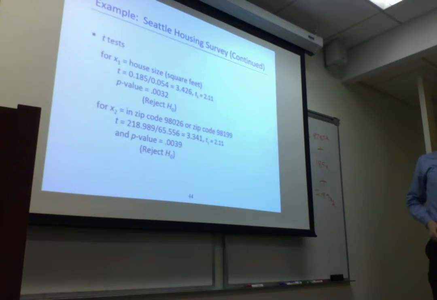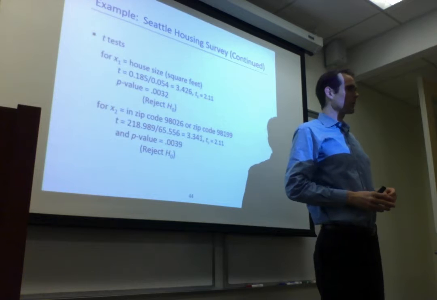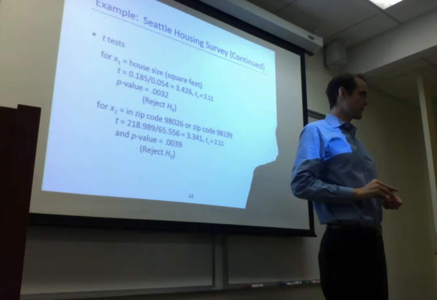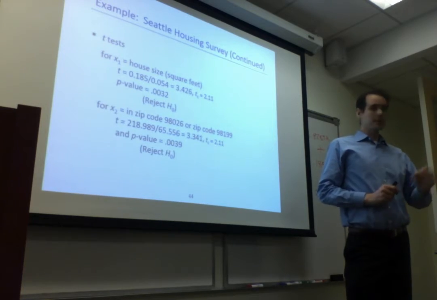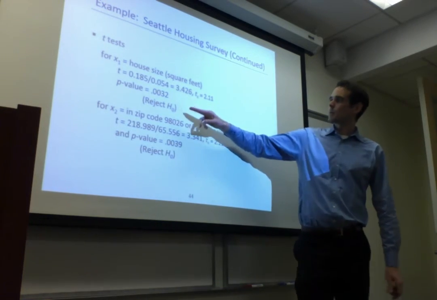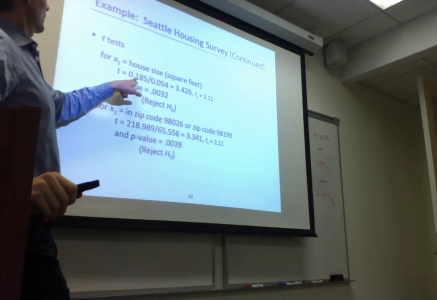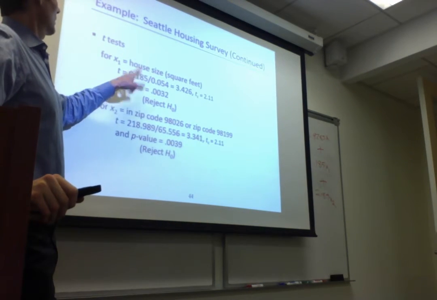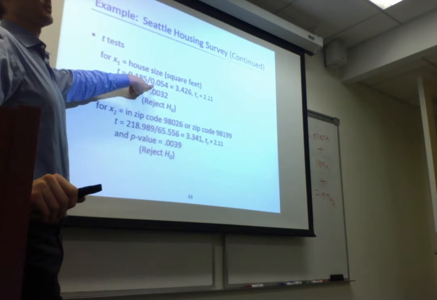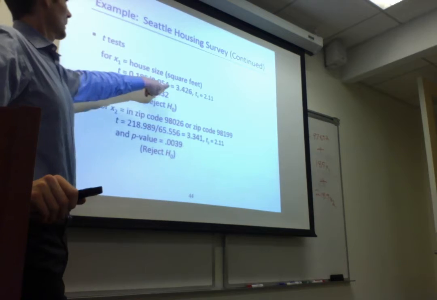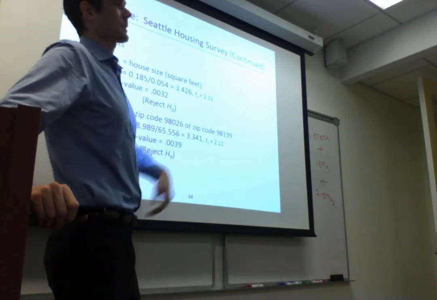Let's look at the individual variables. All right, so we know this whole regression equation as a whole has some value because the F-test tells us that. But let's look individually at the square footage and the zip code. So we take our point estimate from the square foot, we divide by the standard deviation of the sampling distribution of the sample slope, and we get a t-value of 3.426.